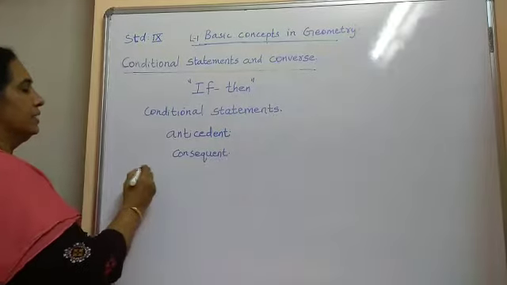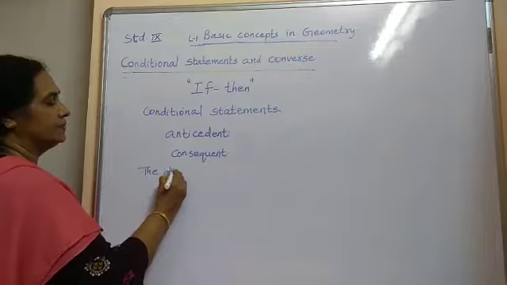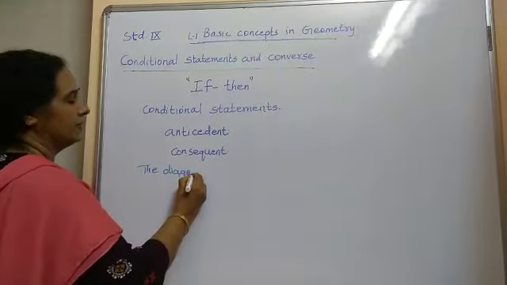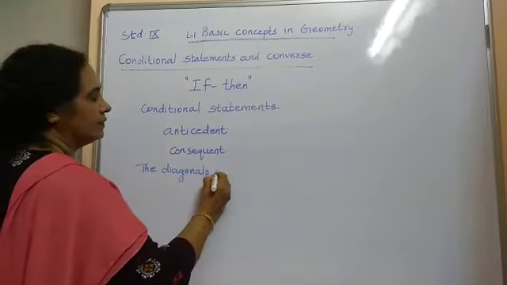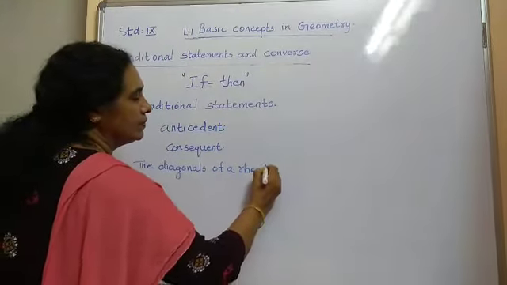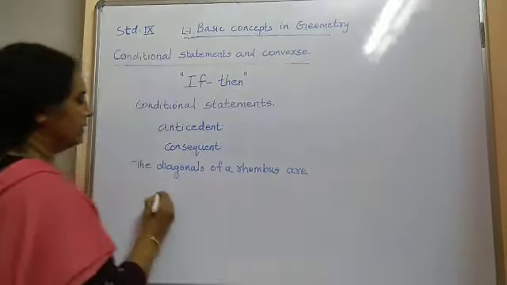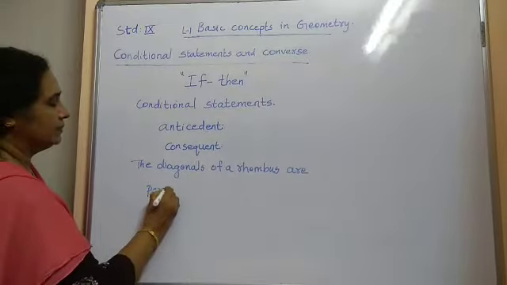For example, the diagonals of a rhombus are perpendicular bisectors of each other.